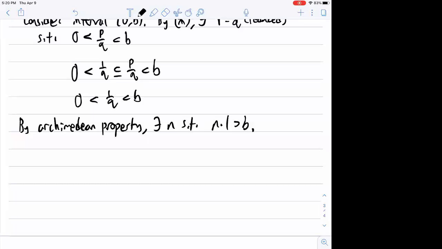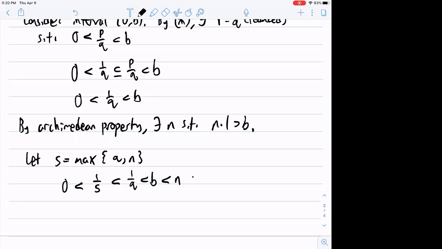But then we are done now, because now we say let S be the maximum of Q and N. Then certainly this is true. Hopefully you all agree with me. So let me just write this. So this part, and then B is going to be smaller than N, which is smaller than S. So let me explain this part.